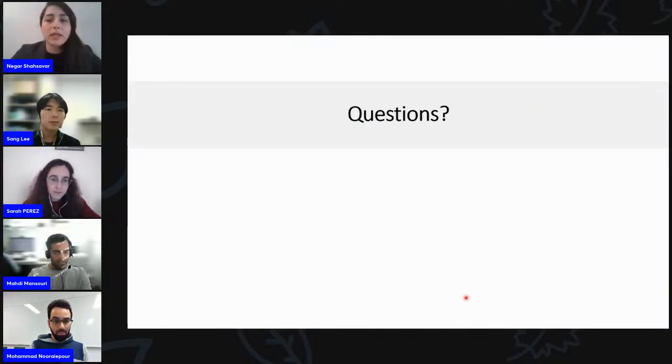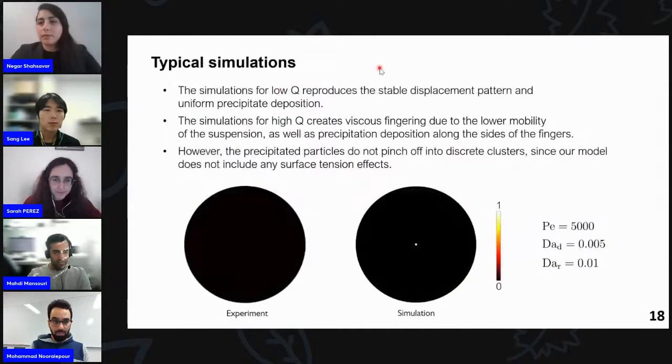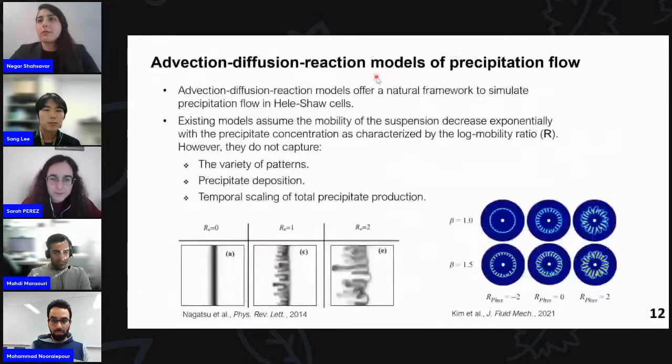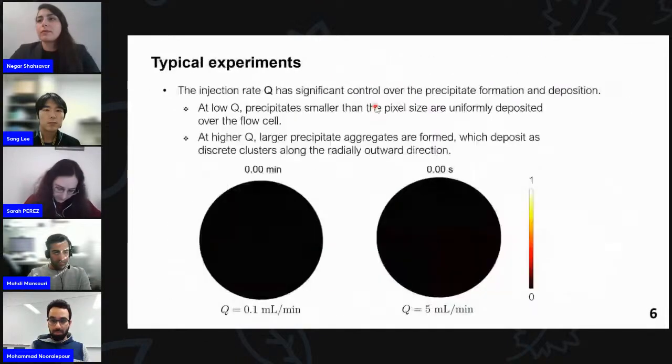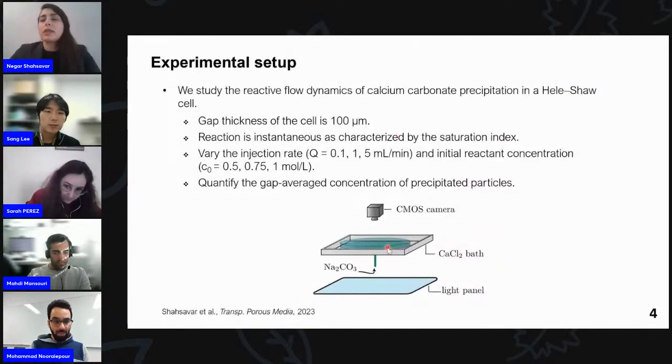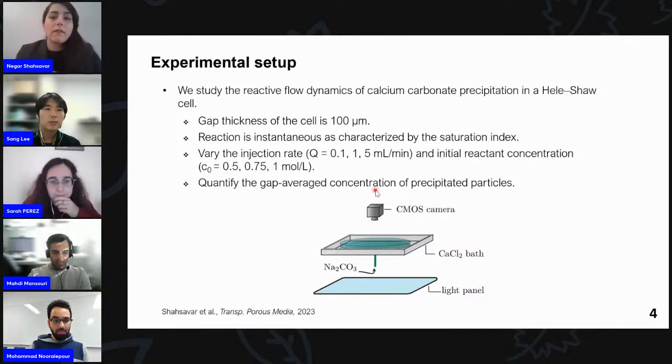So we estimated the gap average concentrations. We record the experiments by the camera from the top, and these precipitates, because they block the light, we can measure the local light intensity, and it gives us a cosine function of the amount of precipitation in the gap.